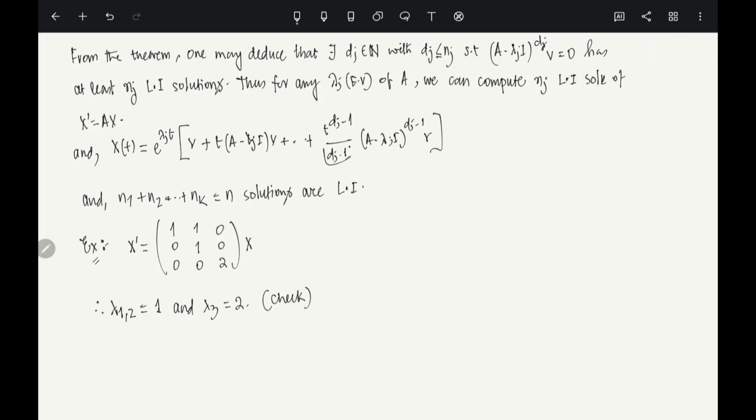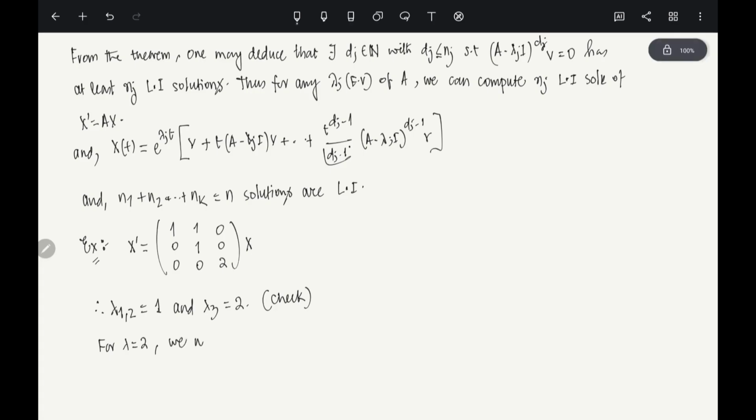First of all, for lambda equals 2, this is just a distinct eigenvalue, so let us find the eigenvector. For lambda equals 2, I just need to check A minus 2I times v.